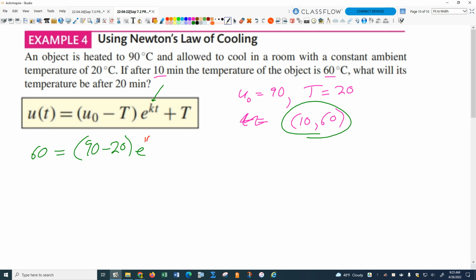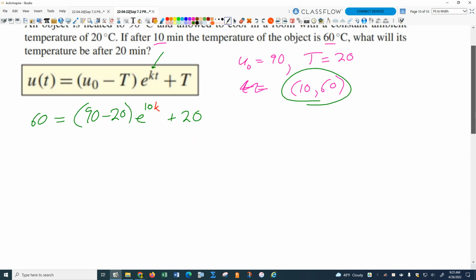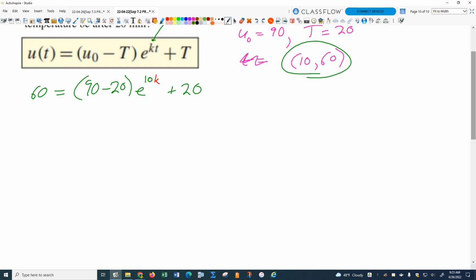10K plus 20. I just got to solve for K. So if I subtract 20, divide by 70, I'm going to get 4/7 equals e to the 10K. Log both sides.